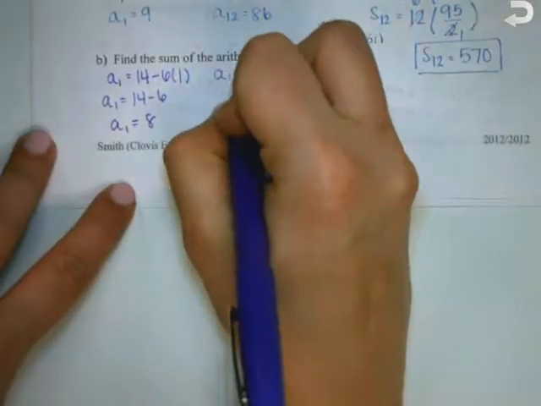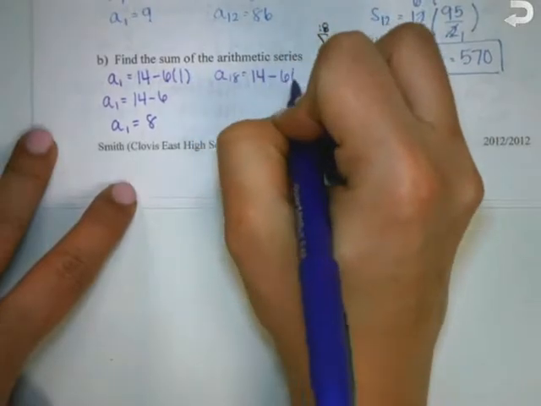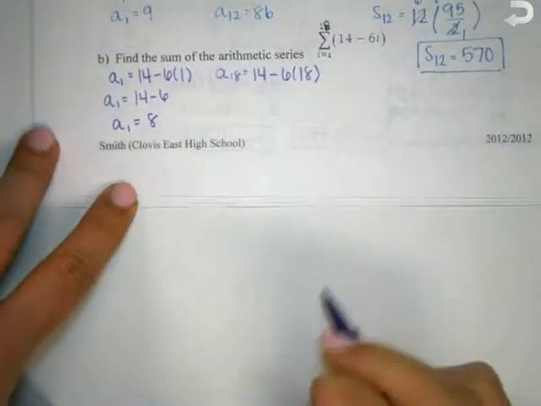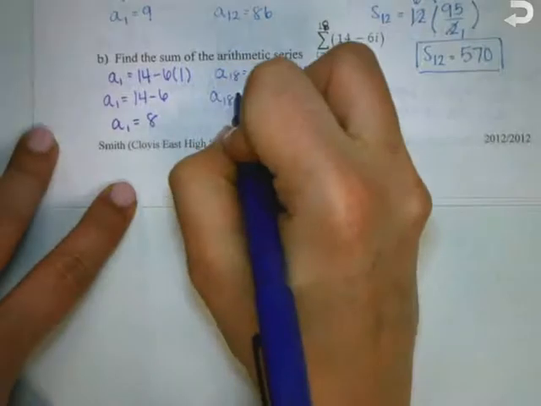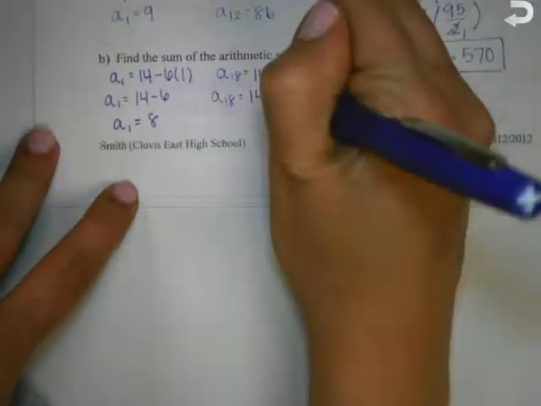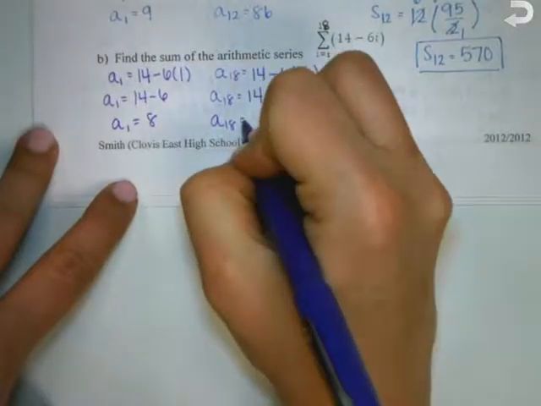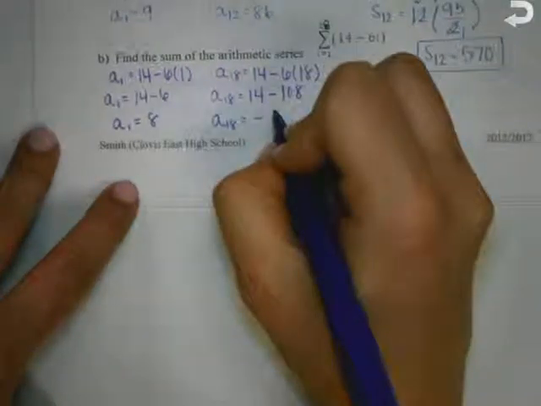So a sub 18 is equal to 14 minus 6 times 18, which gives me 108, so a sub 18 is equal to negative 94. So far so good?